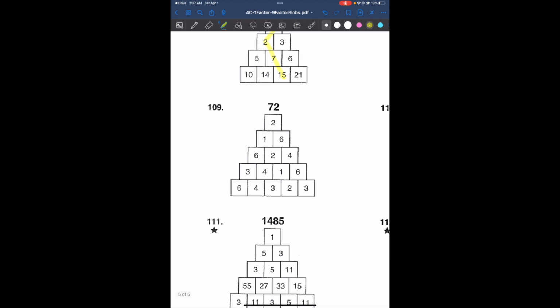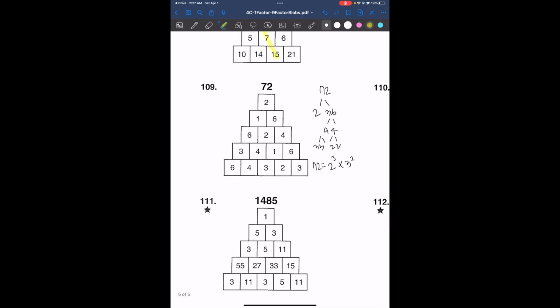For problem 109, we have 72. So doing prime factorization, we can express 72 as 2 to the power of 3 times 3 to the power of 2. And so 6 can be expressed as 2 times 3, and 4 can be expressed as 2 times 2.